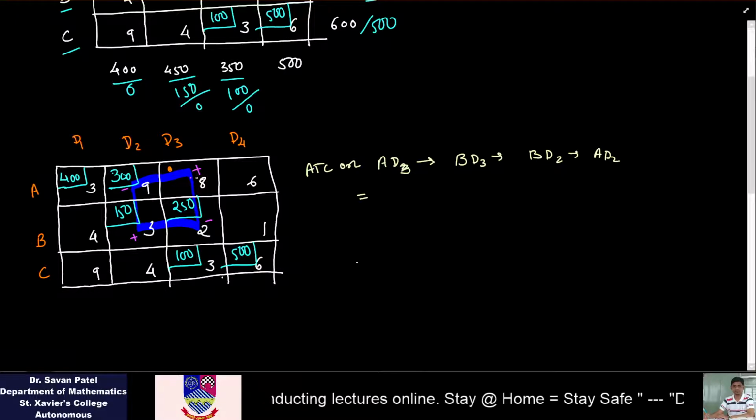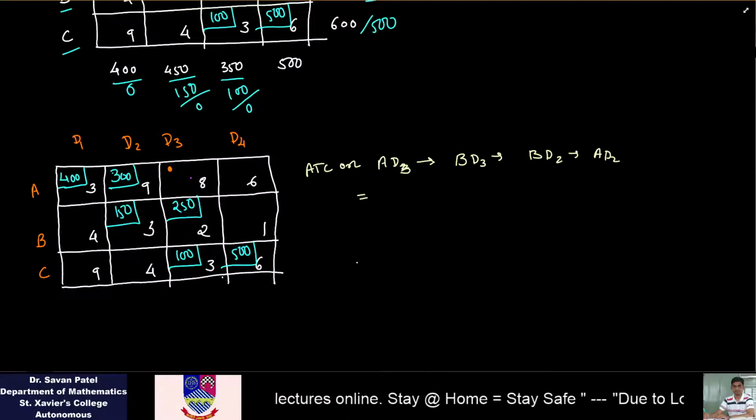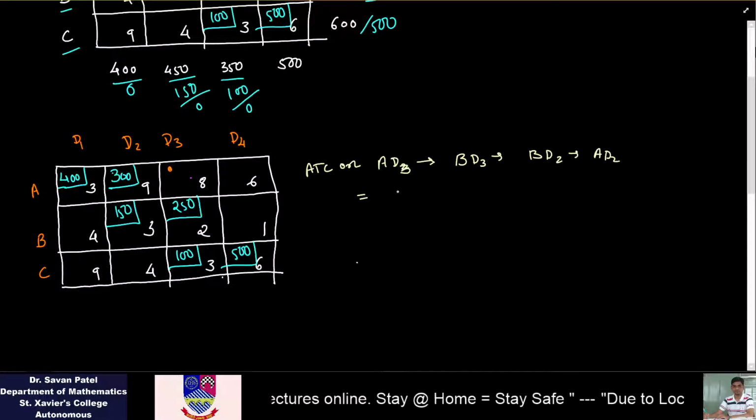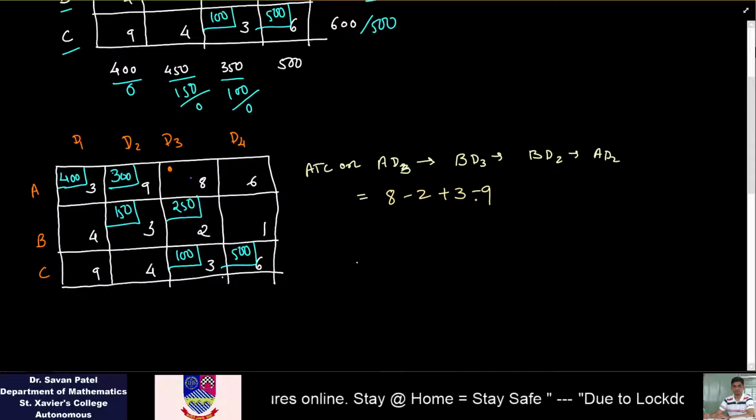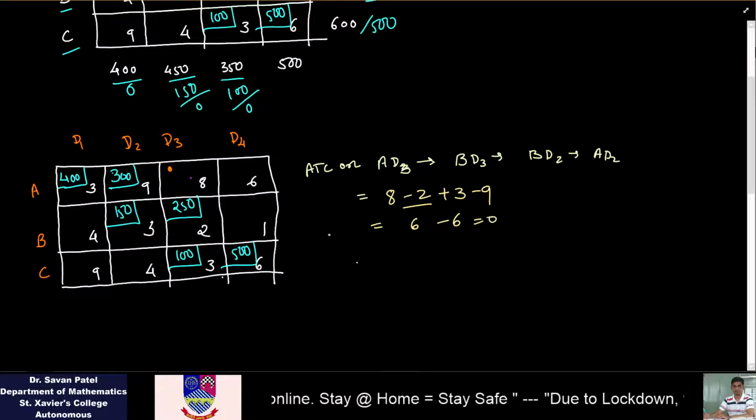So it will be 8 minus 2 plus 3 minus 9. So it is 6 minus 6, that is 0. So here the additional transportation cost is 0.